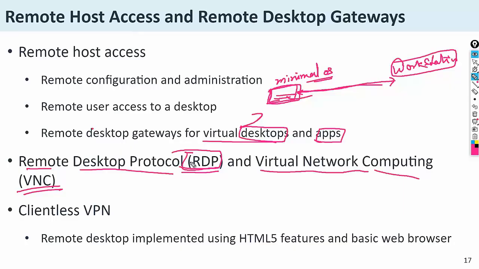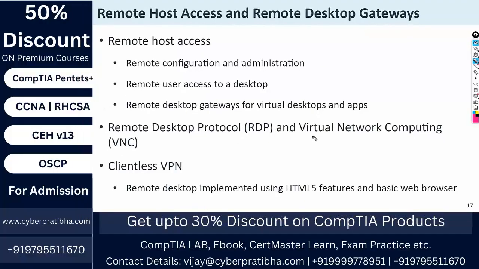You can also connect in a local area network by providing the IP address. Another is the VNC server, which is generally used because RDP does not support the Linux environment, so VNC will be used for the Linux environment.